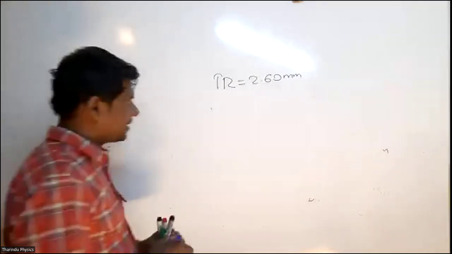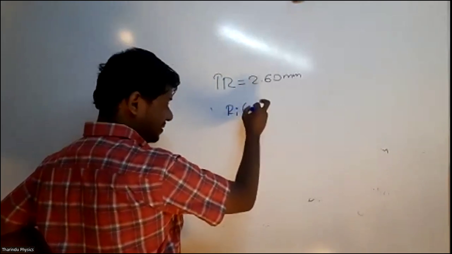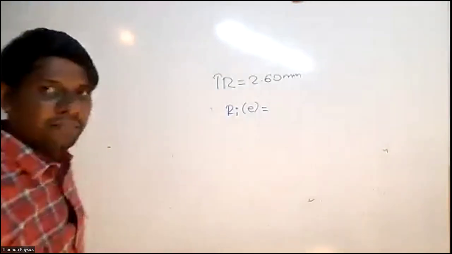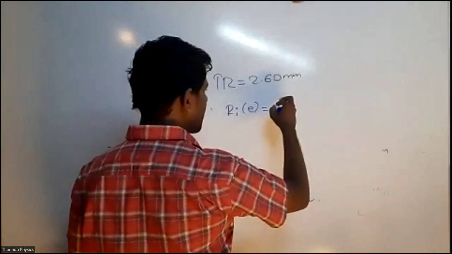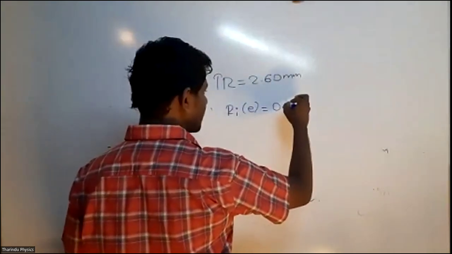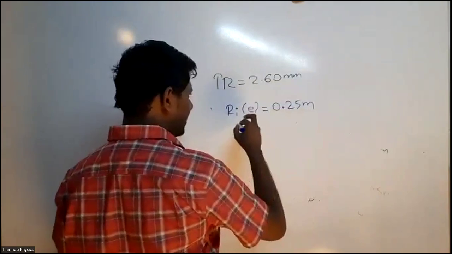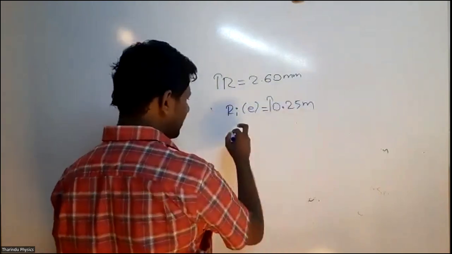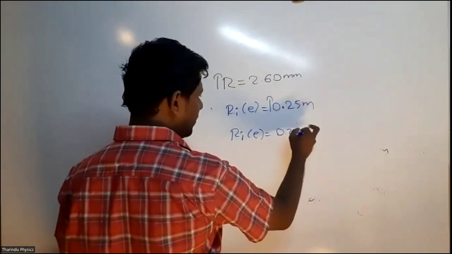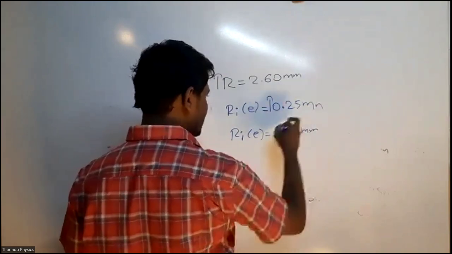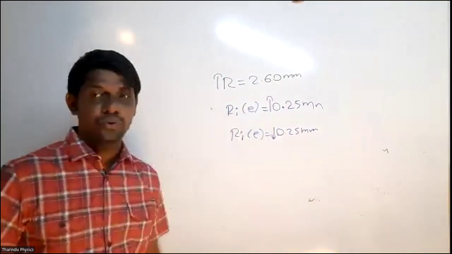And you also get an initial reading, actually an error of the instrument, that is 0.25 millimeter. This error is above, and you can again get the same type of error, 0.25 millimeter, just below. Now how can you make the correction for these two?